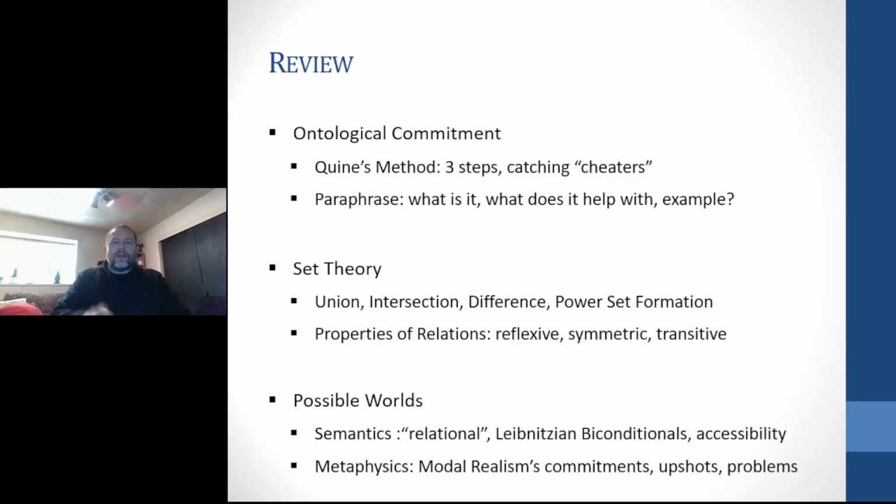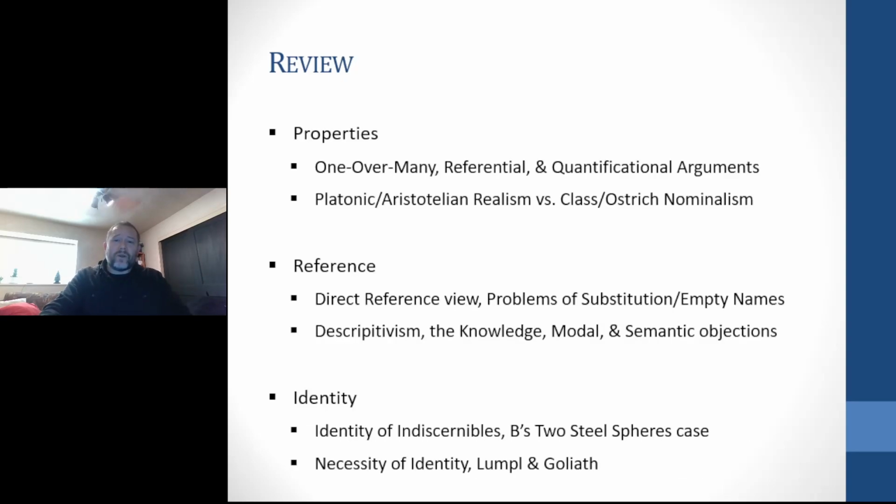That's one topic. The second topic was modal realism. What does the modal realist believe? What's the upshot for their view? What problems do they have? What did Lewis want to say? Worlds are giant, concrete things, and so on. So these are the kinds of things I can ask you a question about.